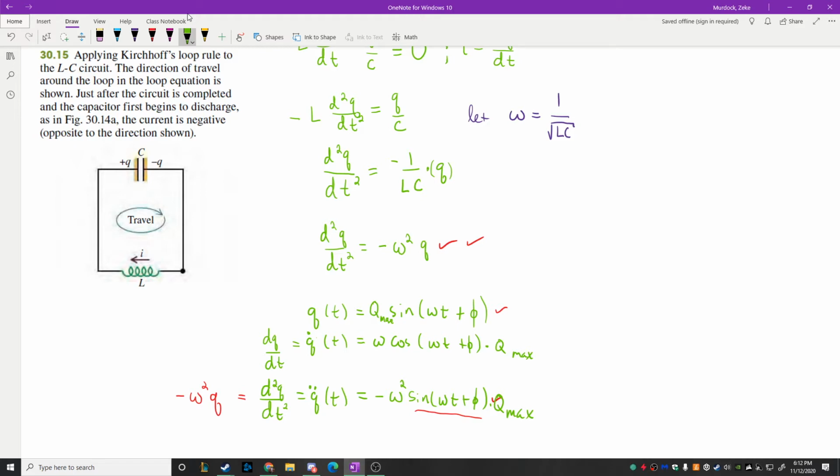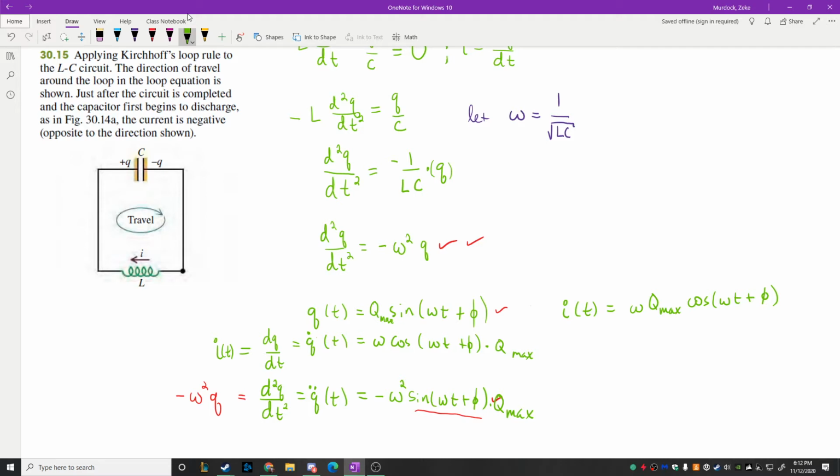All right, so that's one of the things we want to figure out. We'd also like to know something about the current as a function of time, but it turns out that we've already got that right here. So this is going to be the current as a function of time. We can write it over here as a separate equation if we want to. The current as a function of time is going to be omega times Q max multiplied by cosine of omega t plus phi.